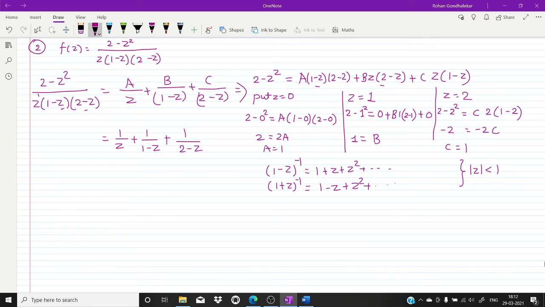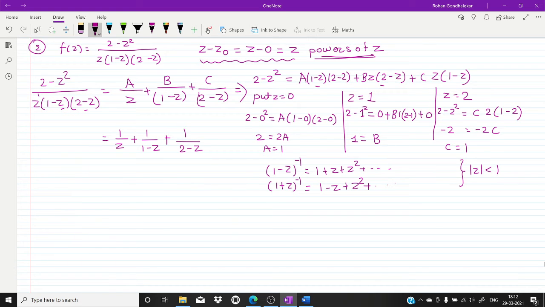Second, in this problem, we are expecting the expansion at z is equal to 0. That means in powers of z minus z naught. What is z naught here? 0. So we are expecting the expansion in powers of z. Are you clear with this? We want the expansion in powers of z. Now just have a look.